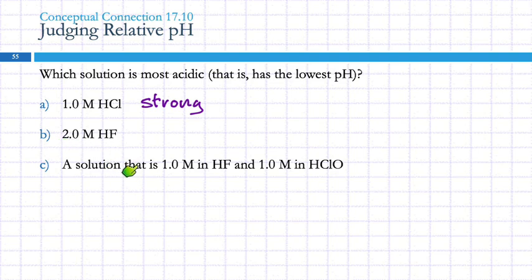Can I compare these two? Not without knowing their Kas. I'm going to guess that they're fairly similar. But this one is going to ionize completely, and so we're going to get 1 molar hydrogen ions. From this one, I'm going to get a fraction of 2 molar. So the most acidic will be the one with the strong acid. Okay?